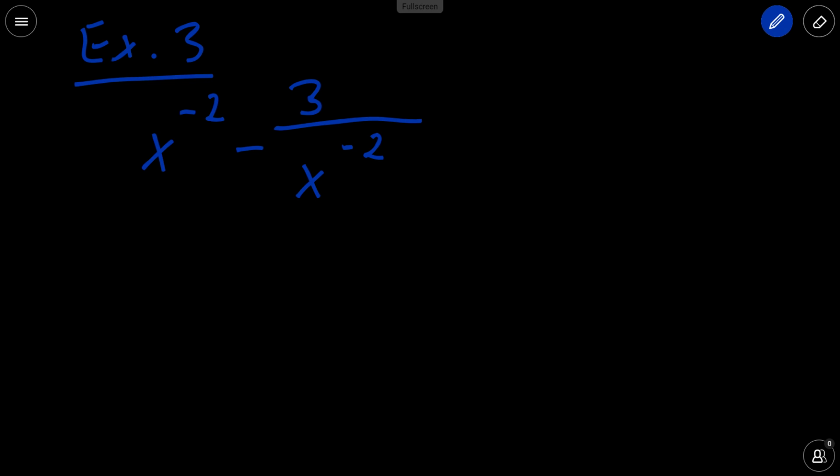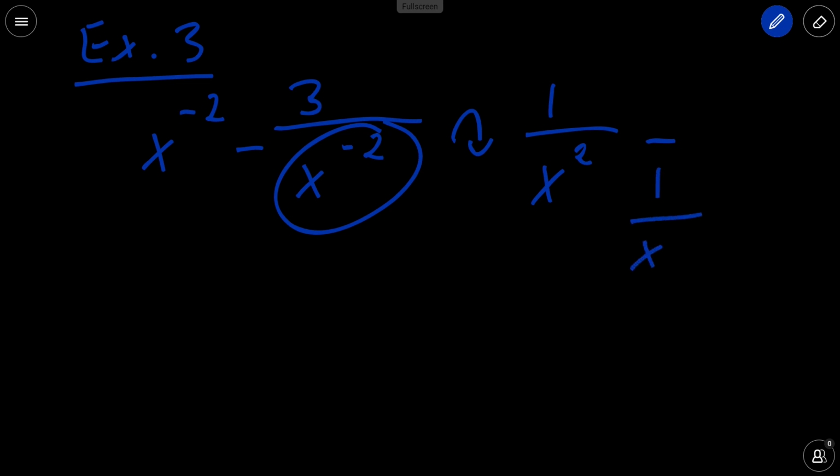Awesome. Well done for everyone who gave it a go. Let's have a look how we can address this problem. Remember, first thing, we want to get rid of our negative indices. So we're writing the first term as 1 over x to the power of 2, minus. And here we see that x to the power of minus 2 has a negative index. So we can rewrite this as 1 over x to the power of 2.